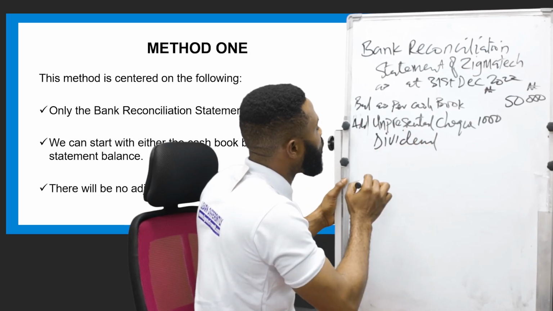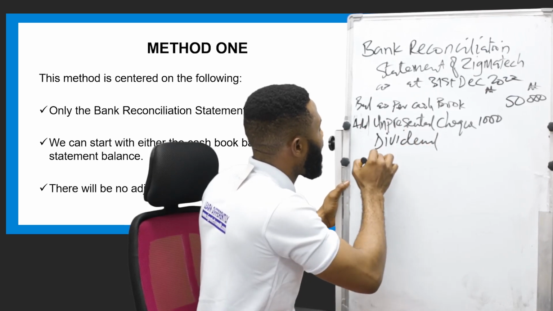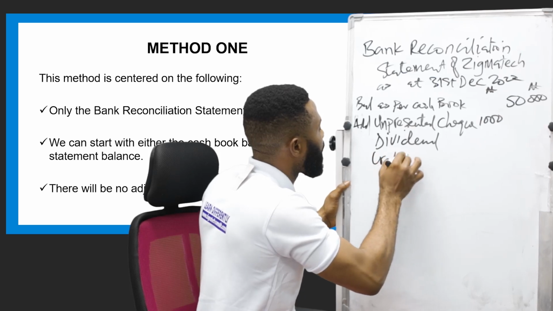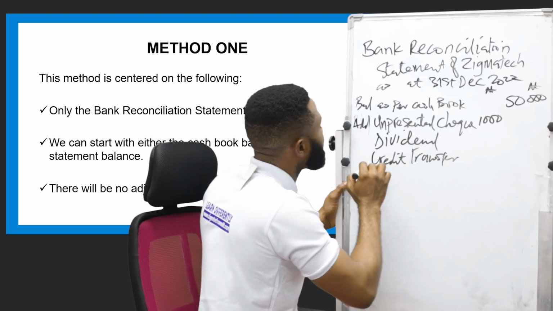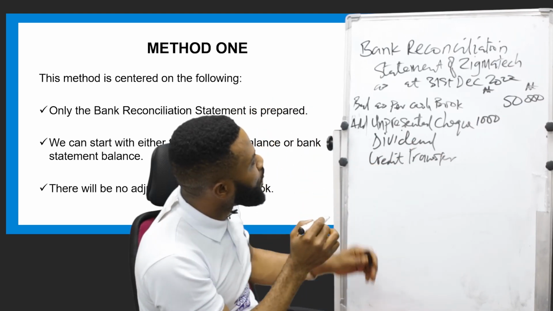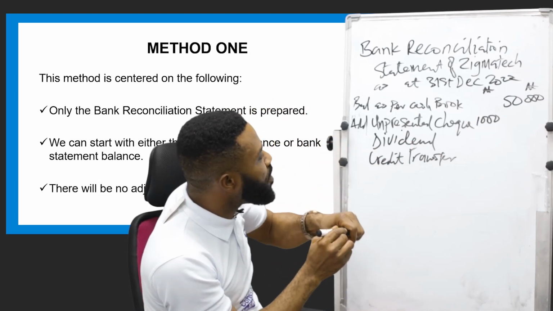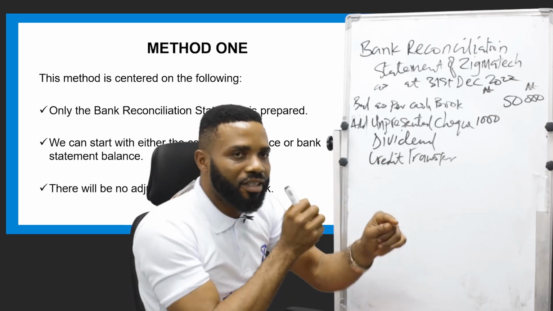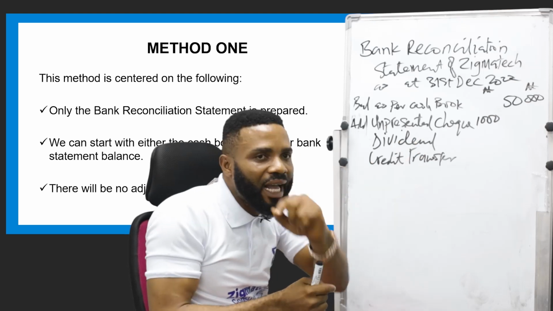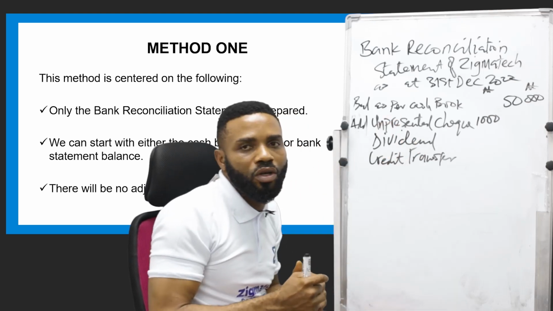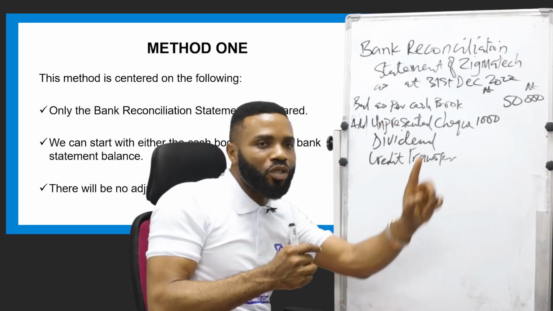The next one is what we call credit transfer. Now, dividend is a payment that is made straight into the bank account. This money is already in the bank account, but it is not in the cash book. So you are going to add it back to the cash book.